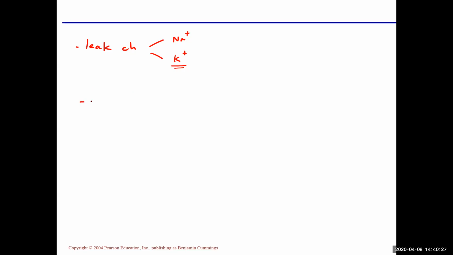We also need to review voltage sensitive gates, voltage gated channels. Again, we discussed several of them: sodium, potassium, and also calcium. Those were the three important ones. And we mentioned that sodium was in the axon hillock, causing the transmission and initiation of the action potential.